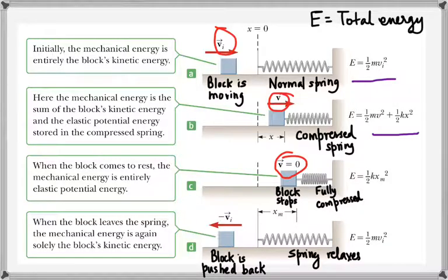In the third diagram, the block is at rest and the spring is compressed completely, so half k xm squared, xm standing for maximum compression. And in the last one, the spring is completely relaxed and the block has started moving with the same velocity which it had before. So kinetic energy is the total energy in the last diagram.